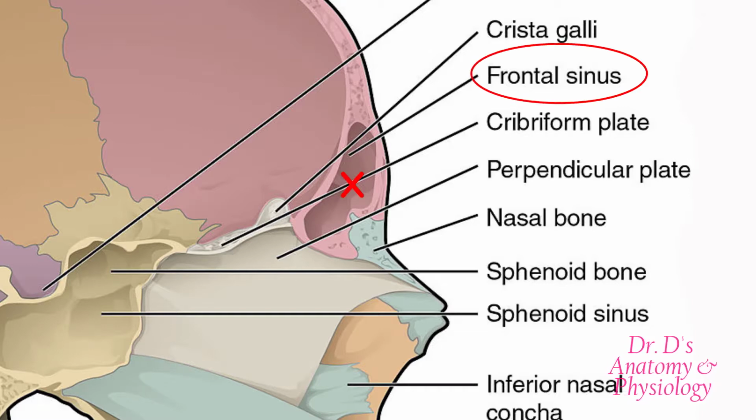And a sinus simply represents a space within the bone, an open space within the bone. We're going to see 4 bones that have sinuses, including the frontal bone. So one of the things that the frontal bone does have is a sinus, and again, unless you cut open the bone, you're not going to see this feature.